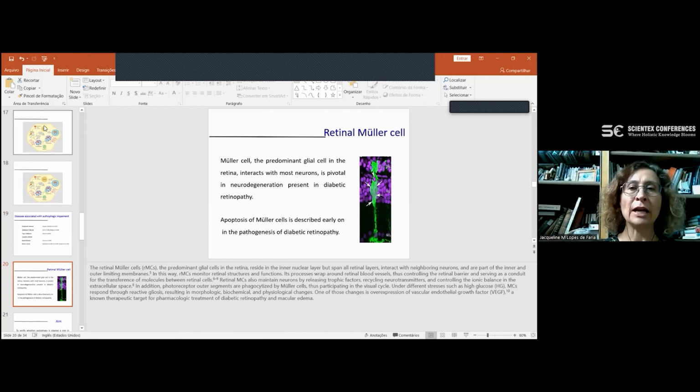I'd like to highlight the retinal Müller cells. Müller cells are the predominant glial cell in the retina and interact very well with different cells, meaning neurons and vascular cells. Diabetic retinopathy today is accepted to be a neurodegenerative disease in its early phases, with vascular changes in its late phases.